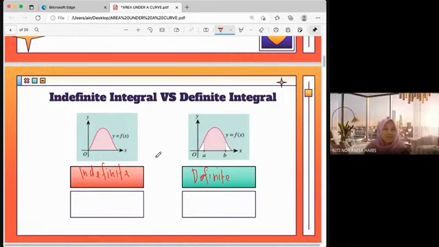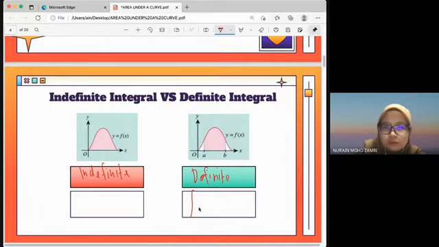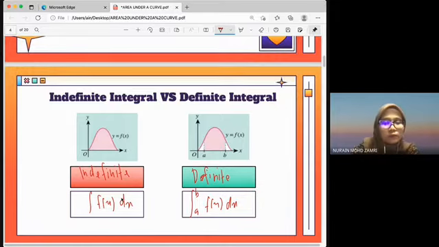For definite, there is a limit. Yes, correct. For definite integral, you have limits a to b of f(x) with respect to x. For indefinite integral, it does not have any limit. It is just like the basic integration, f(x) with respect to x. That's the difference between indefinite and definite.